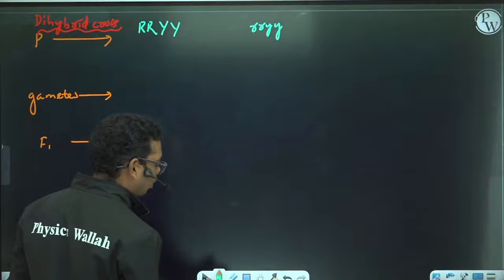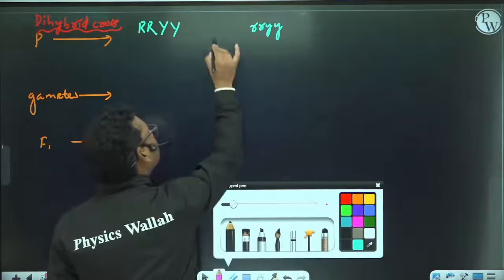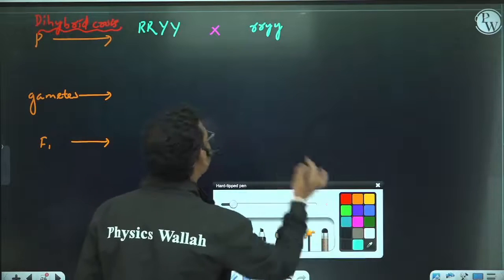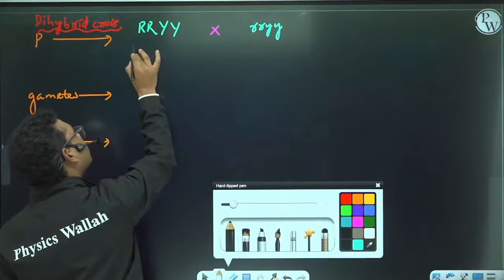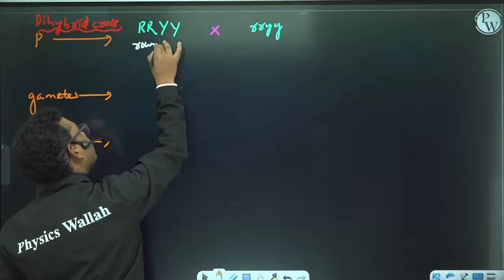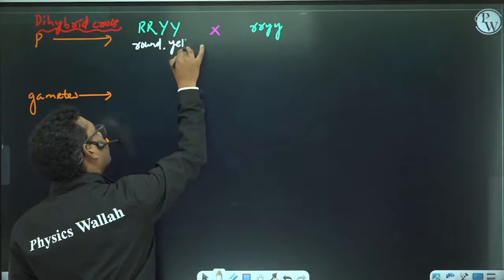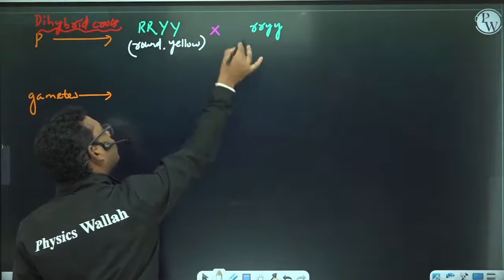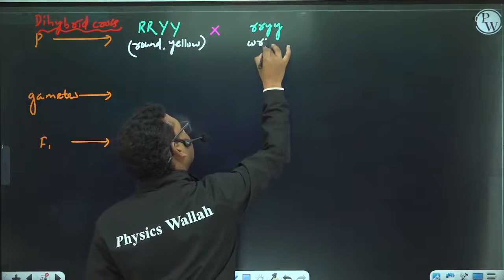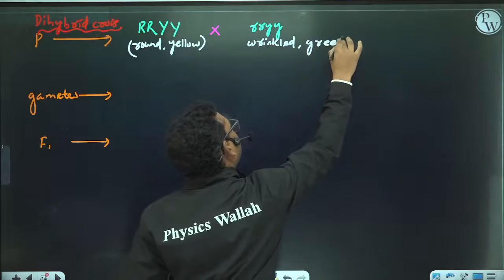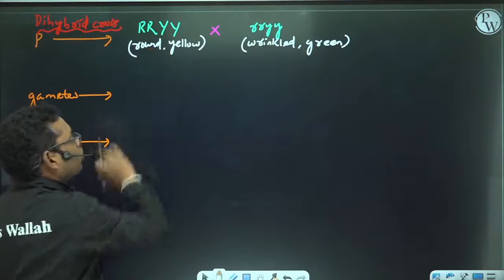I am performing cross pollination here. What will be the phenotype? Capital R is present, so the seed will be round, and the color will be yellow because capital Y is present. So a round yellow seeded plant and a wrinkled green seeded plant were crossed with each other.